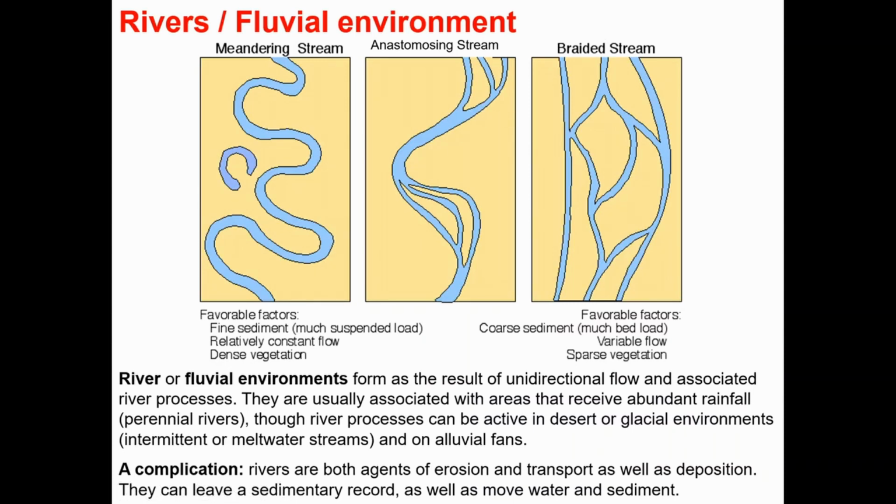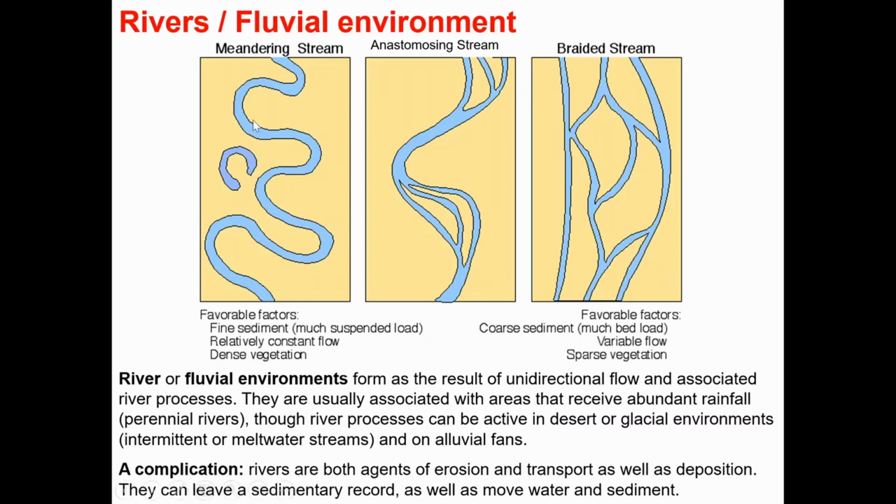Another thing to mention is that the river channel morphology also depends on the landscape. Meandering rivers are usually developed in a flat area.